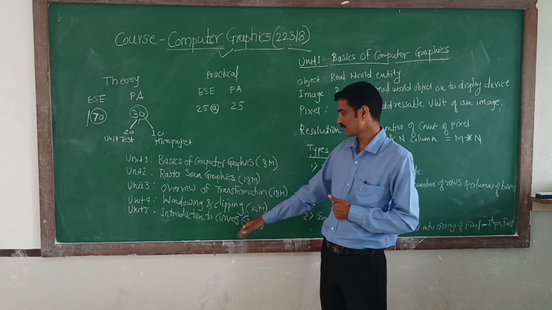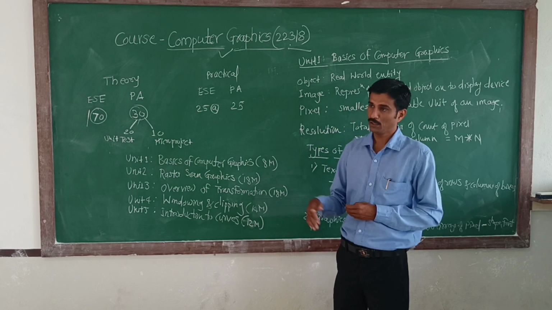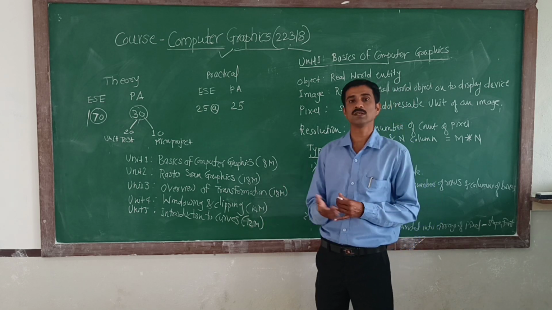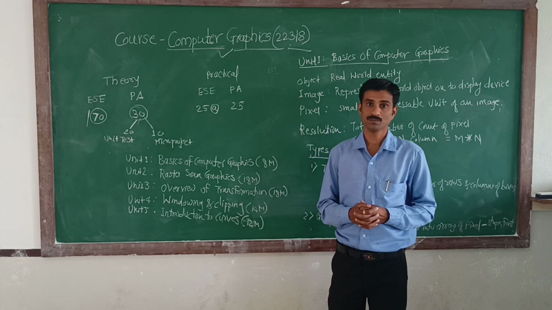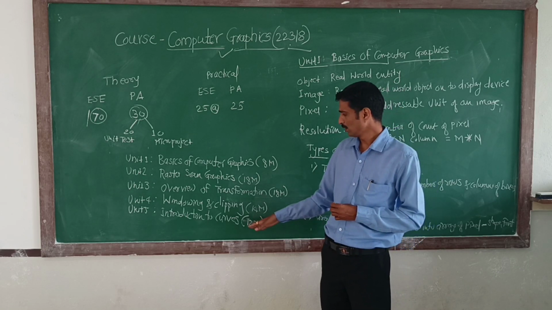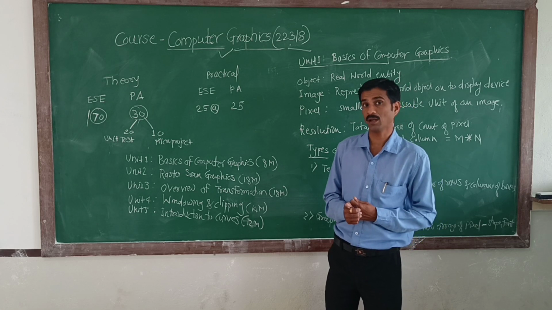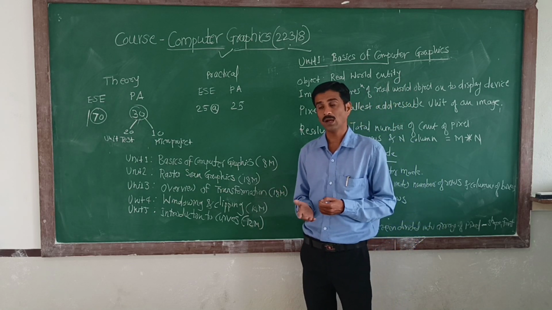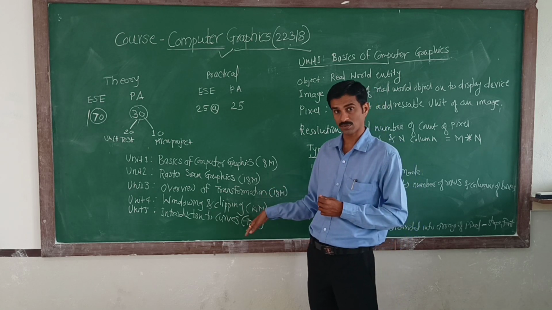Then the last unit is introduction to curves. In this again we will see the different curves like Hilbert curve, then Bezier curve, B-spline curve, etc. So again we will see some examples based on these graphs.